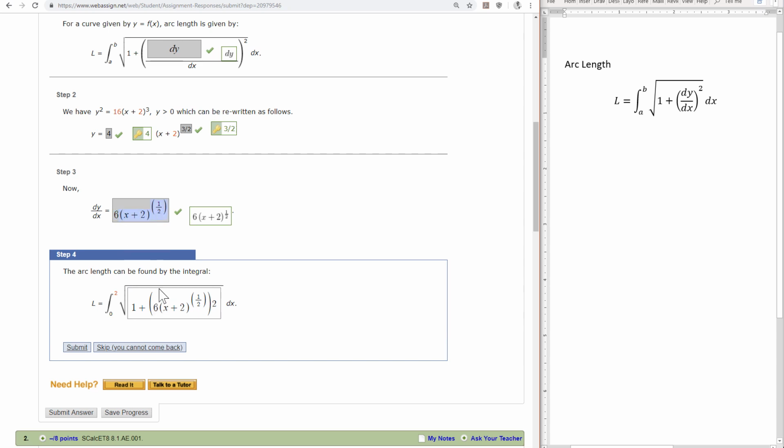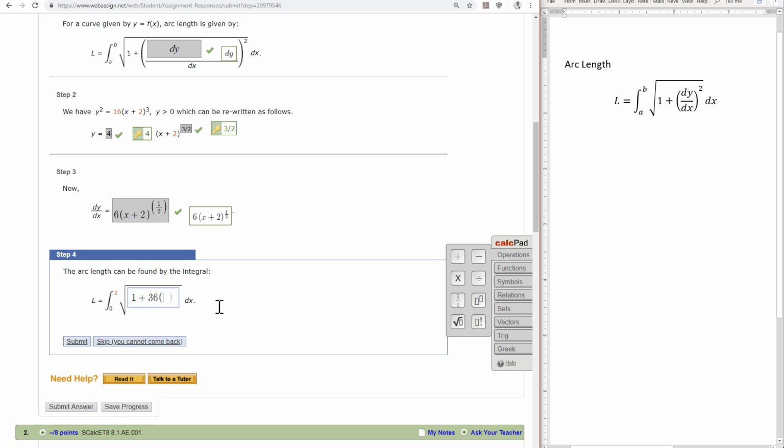And then (x plus 2) raised to the 1 half squared would just eliminate the 1 half, and that's just going to be x plus 2. So let's rewrite this whole thing and write it as 36 times x plus 2. Yeah, so that's the (dy/dx) quantity squared.